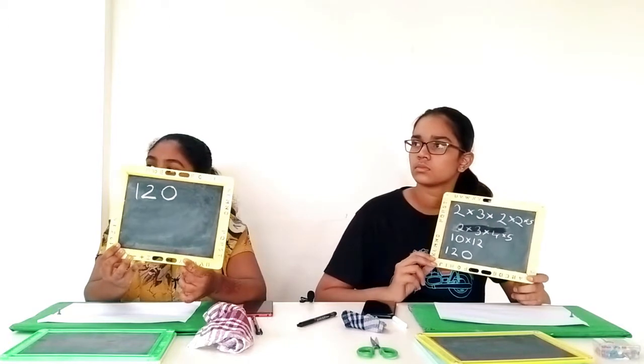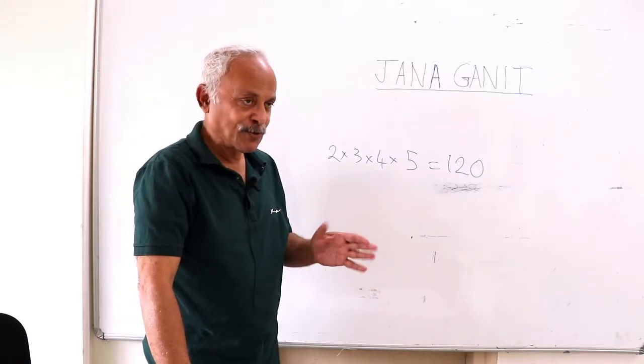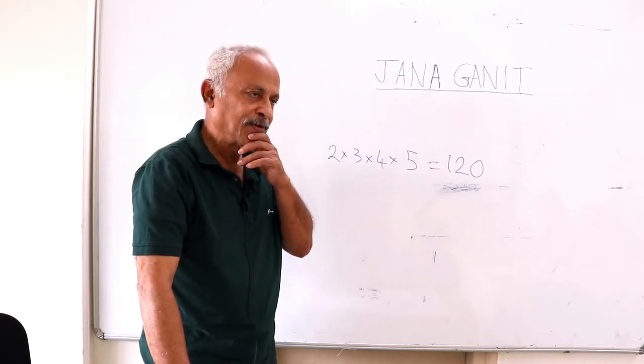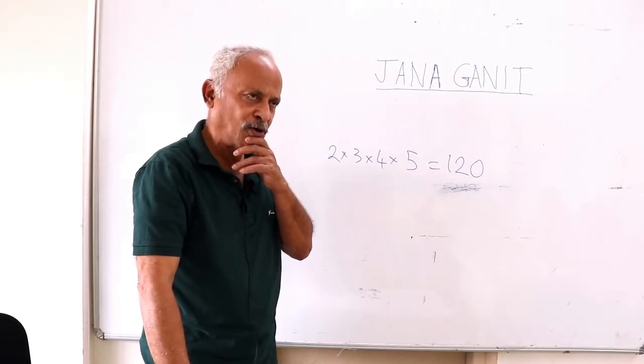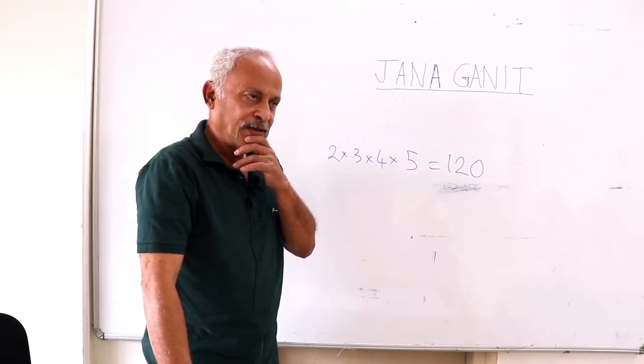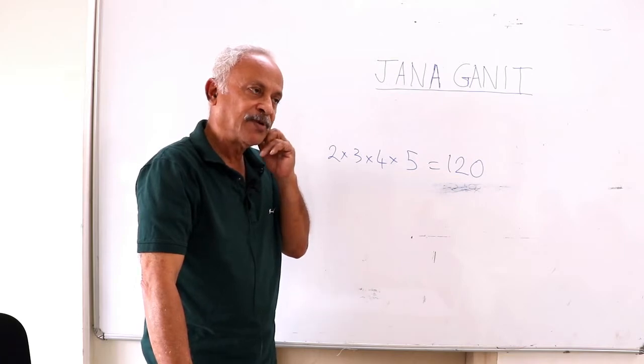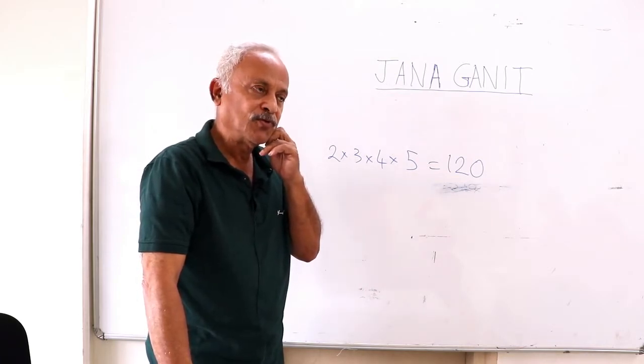But 10 into 12 is also a shorter form. These are all shorter forms, different forms. All of your answers are not wrong. If I ask you to write it in terms of the short form using prime factors only.